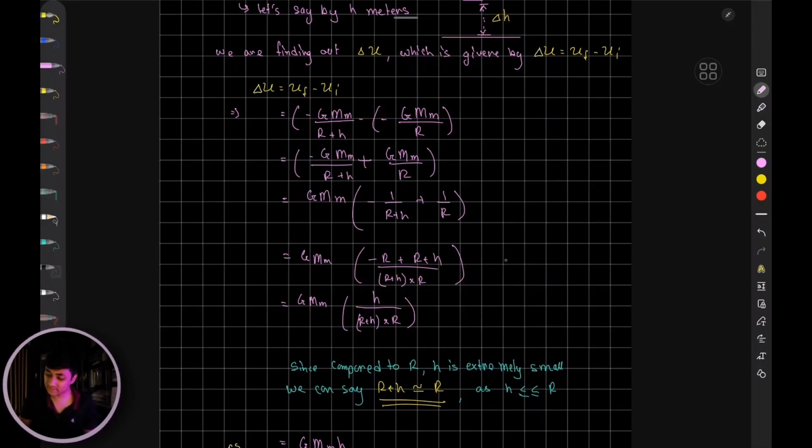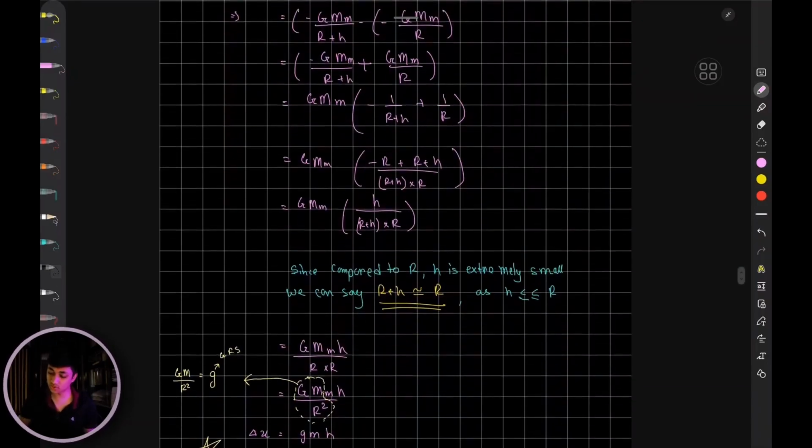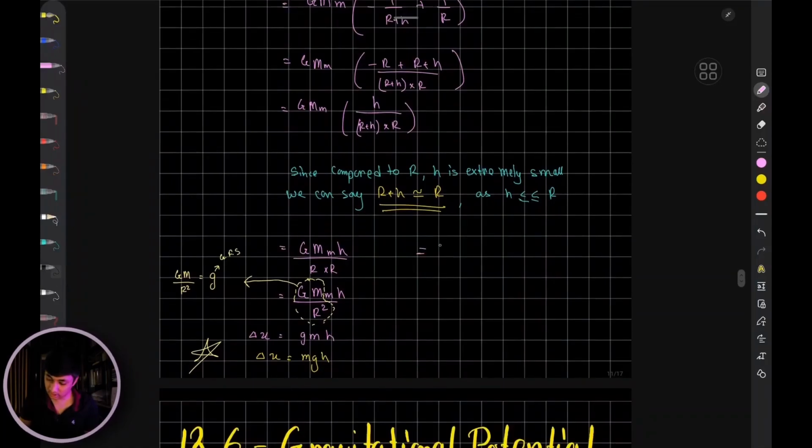Because let's say you have a distance of 3 times 10 to the power of 6 plus 3 meters. Is the 3 meters going to affect your overall distance? No, it's not going to. It's not going to affect your gravitation, which is why we can say r plus h is r. So we can say GMm times h by r squared.